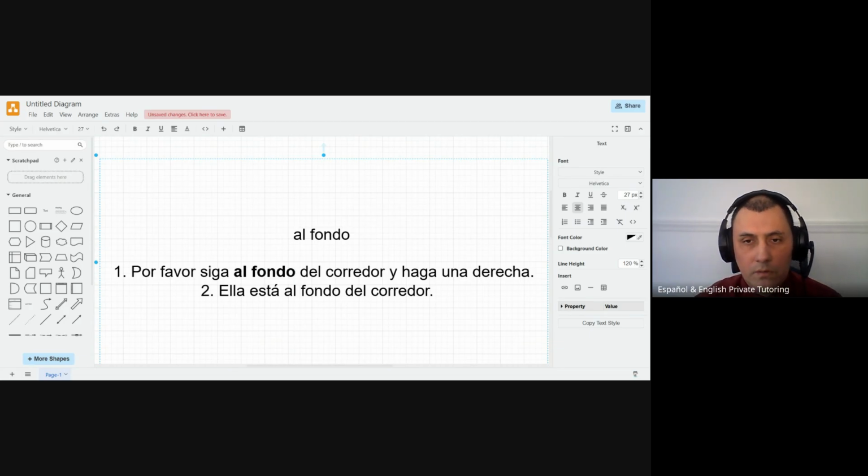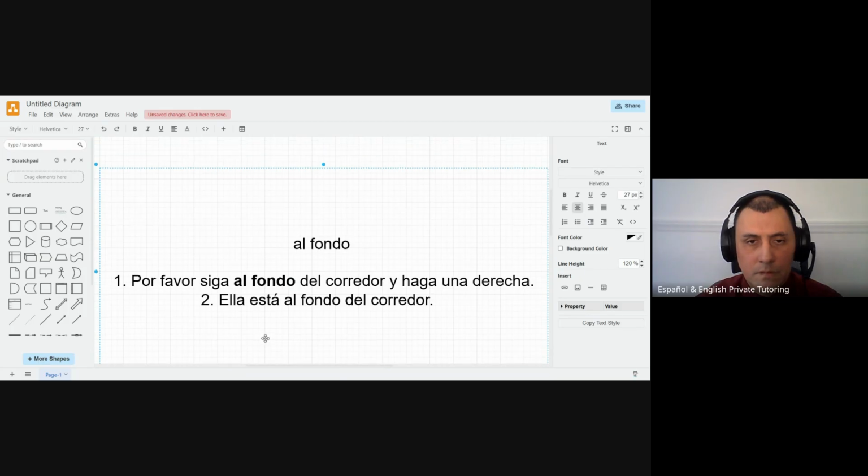She is at the end of the hall. This is indeed, the first one is indicating directions. It's giving a direction. And the second one is talking about location.